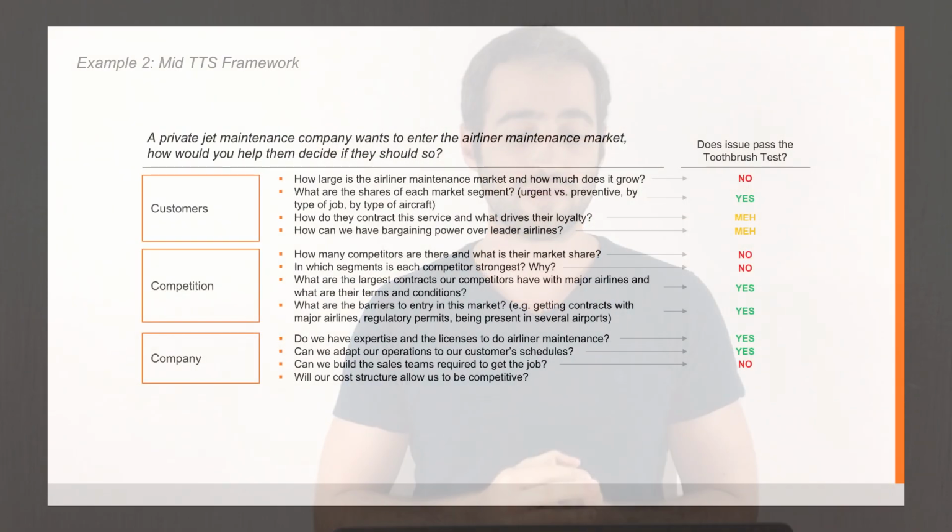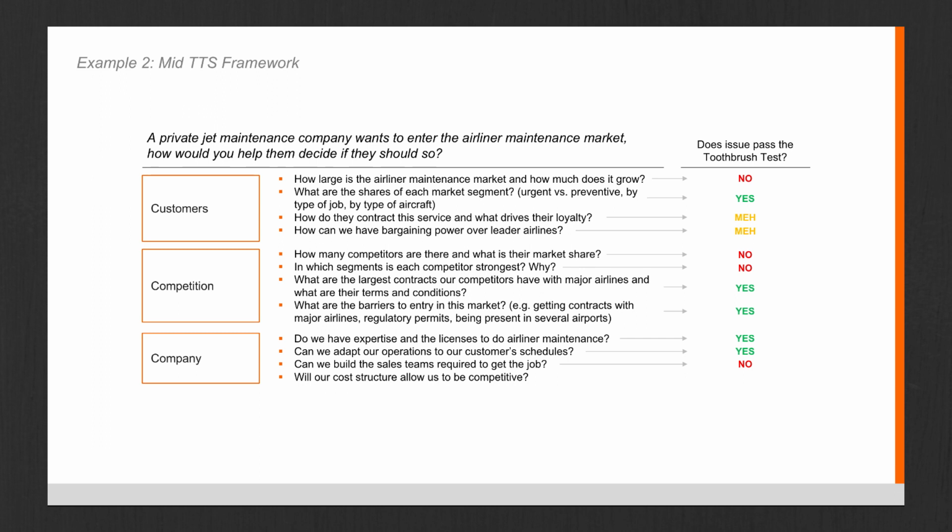And one thing to notice, you don't have to have all the issues passing the toothbrush test score. I mean, just having 40 to 60% is enough, and you can just bring the other issues in a generic way, no problem. Will our cost structure allow us to be competitive?